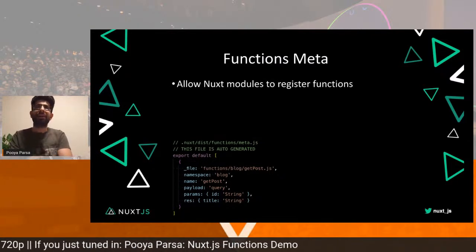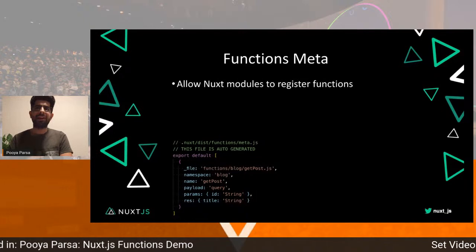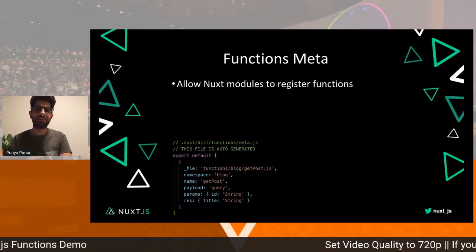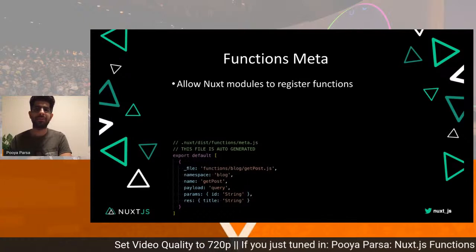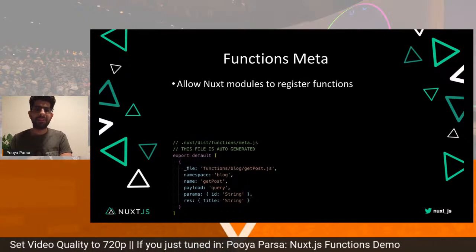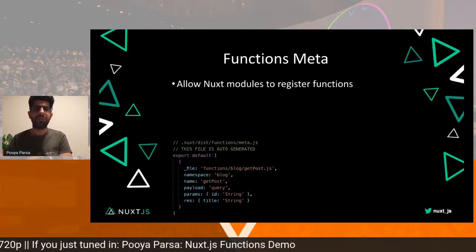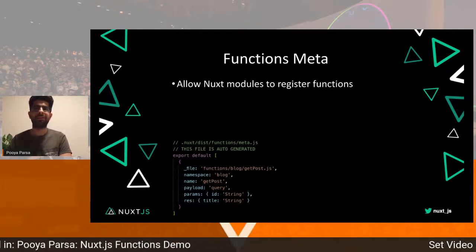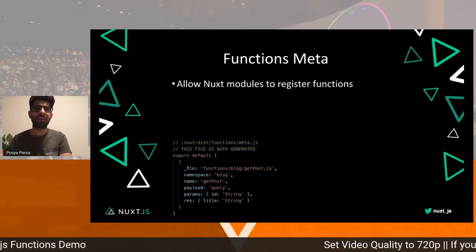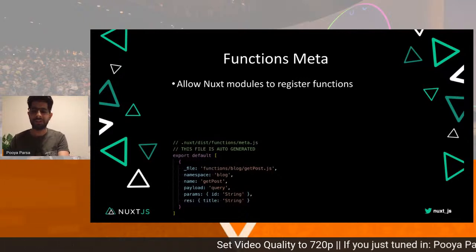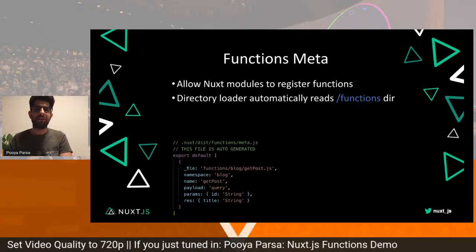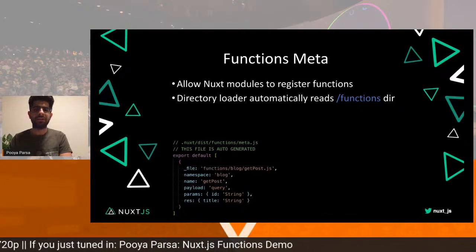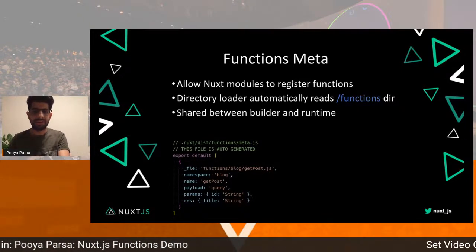As I was mentioning, everything in this functions feature that we are going to add is based on meta. This meta allows lots more possibilities than just having a functions directory. It allows modules to register functions. By default, there's a directory loader that loads all of the functions from the functions directory.